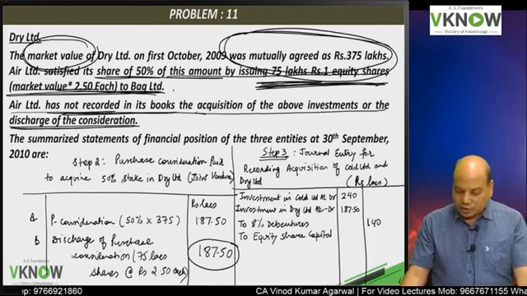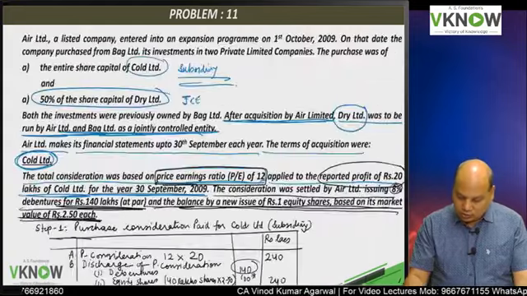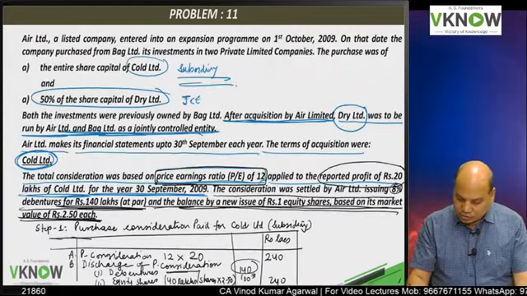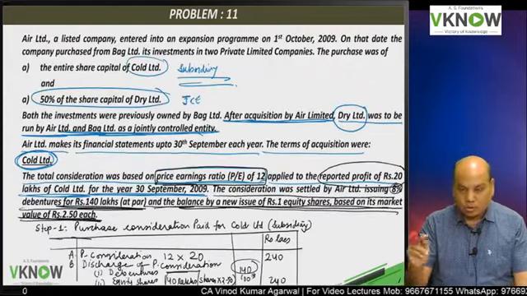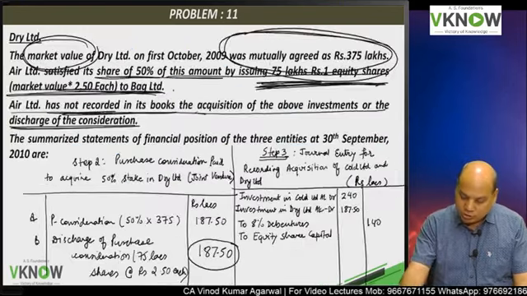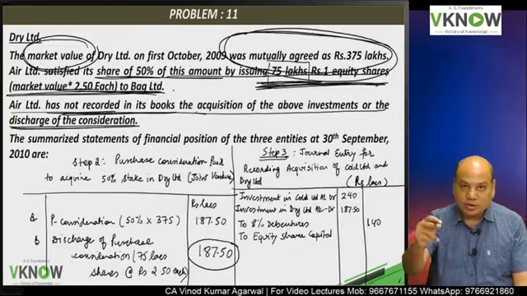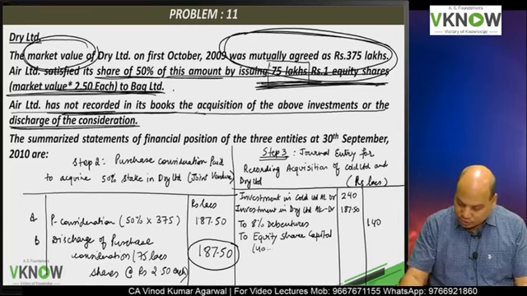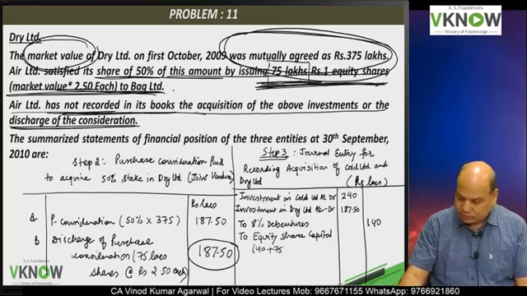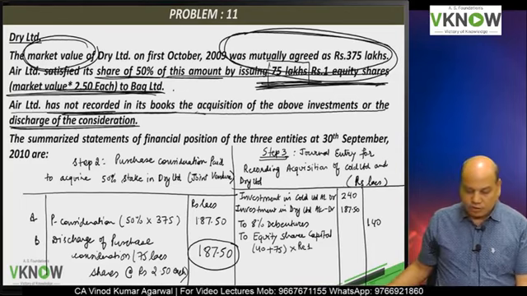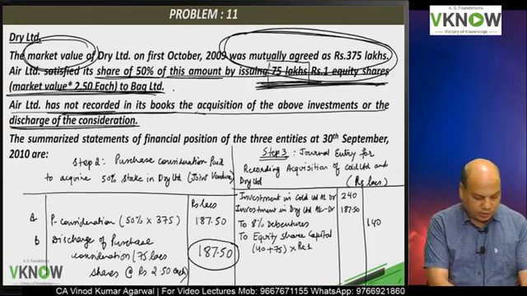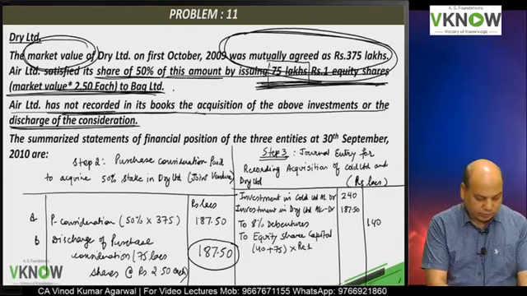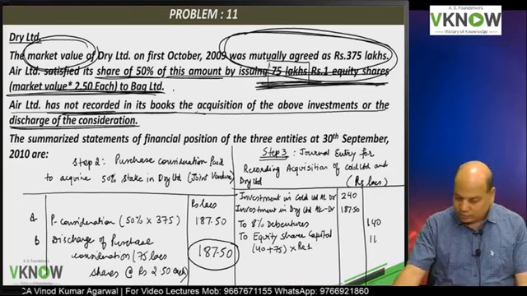To equity share capital, now understand, you have issued 40 lakh shares to acquire Cold, and you have issued 75 lakh shares to acquire Dry. So it will be 40 plus 75 into rupee 1, that is face value, 115.